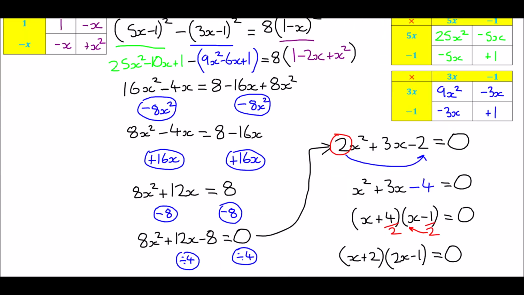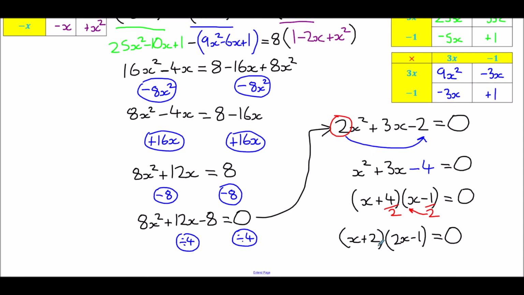So because we're after a length, a positive value, we are only thinking about the positive possible answers for x. So what I'd normally say we do is we take these numbers in the brackets and switch their signs. So x will be the opposite of plus 2, which is minus 2. Can the length be negative? It can't, so like I said earlier, we reject this solution.